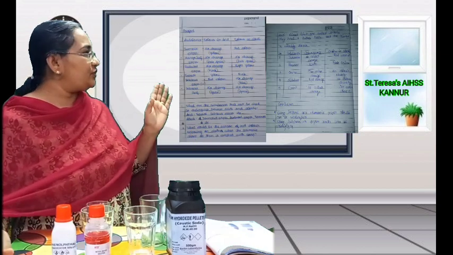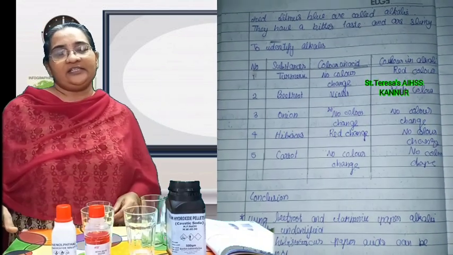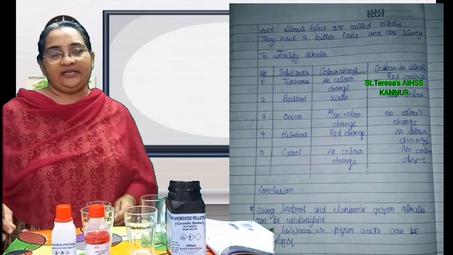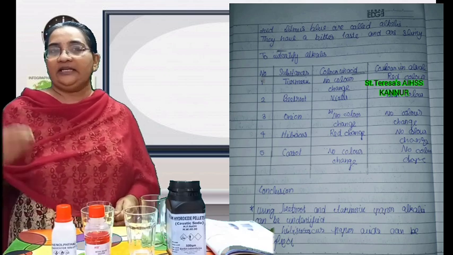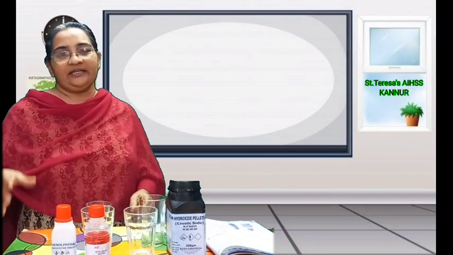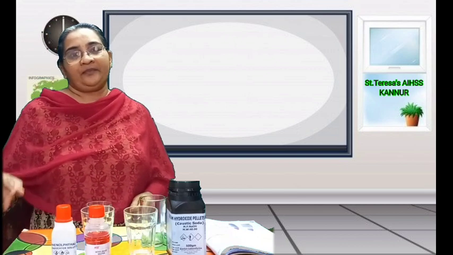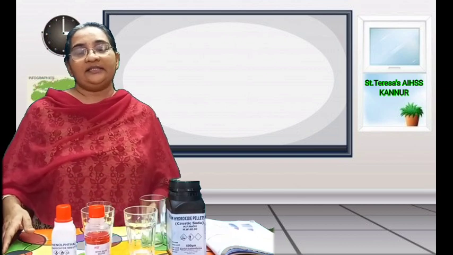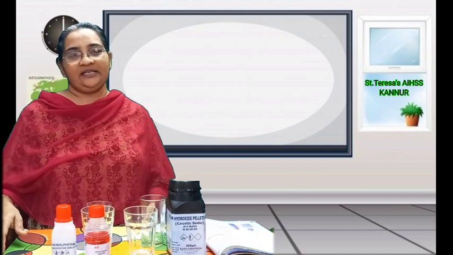So if you look into that, you can see certain things which you took, isn't it? That is blue hibiscus paper, red hibiscus paper, beetroot, turmeric, all these things can be used to identify whether a substance is an acid or an alkali, isn't it?